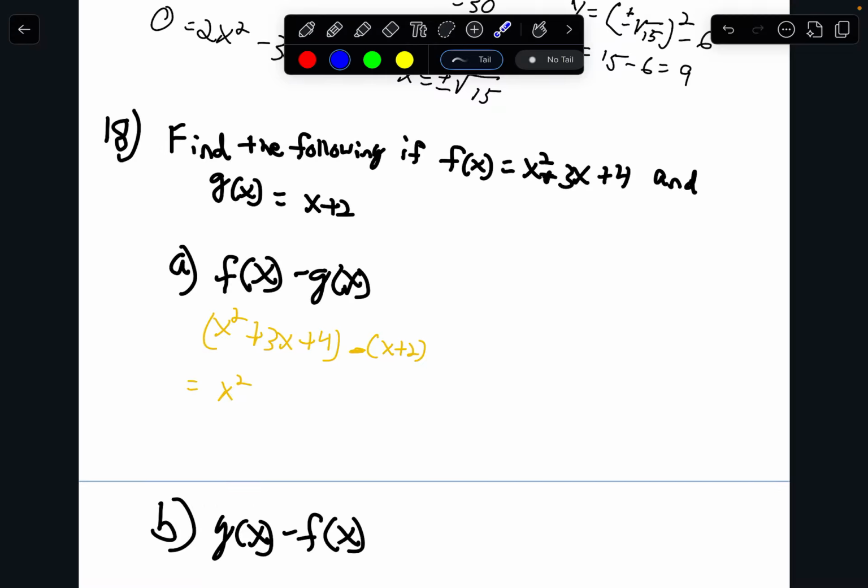But now you have 3x minus x. That is 2x, positive 2x. And you have 4 minus 2, which is plus 2. And so that is what f of x minus g of x is equal to. Okay? So that's the answer.